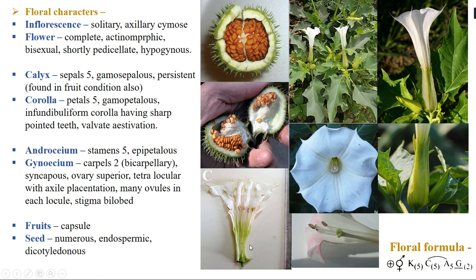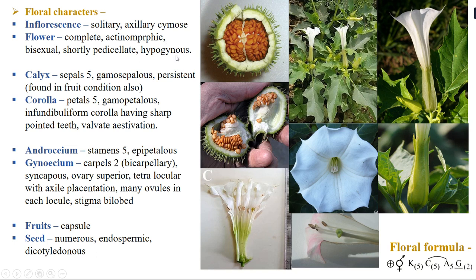It is shortly pedicellate. What do you mean by a pedicellate flower? So if you see this flower, it is attached to the main axis with the help of this small stalk, this small pedicel. So this is a pedicel, and so we call this flower a pedicellate flower. And it is hypogynous. Why do we call it hypogynous?